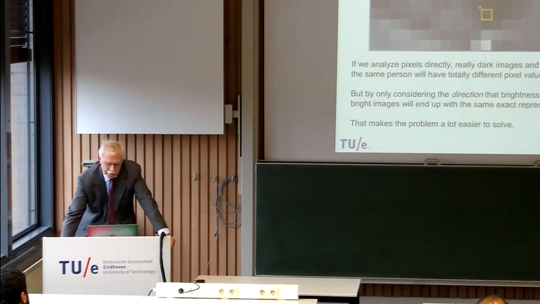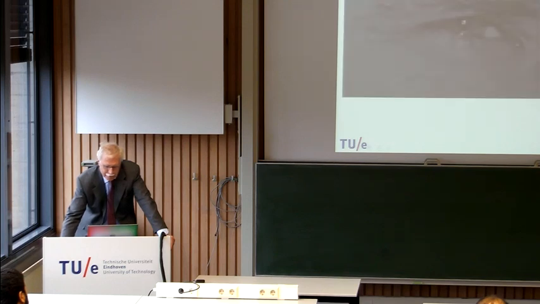You can approximate the gradient by just taking the difference of 2 pixels. It more or less all works. But now we only consider the direction that the brightness changes. So dark and bright images will have exactly the same representation. Even if you change the intensity, you go from bright to medium, you get the same gradient pattern.